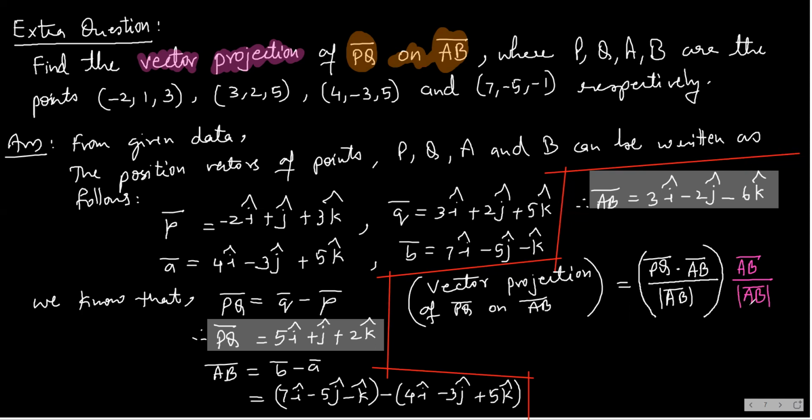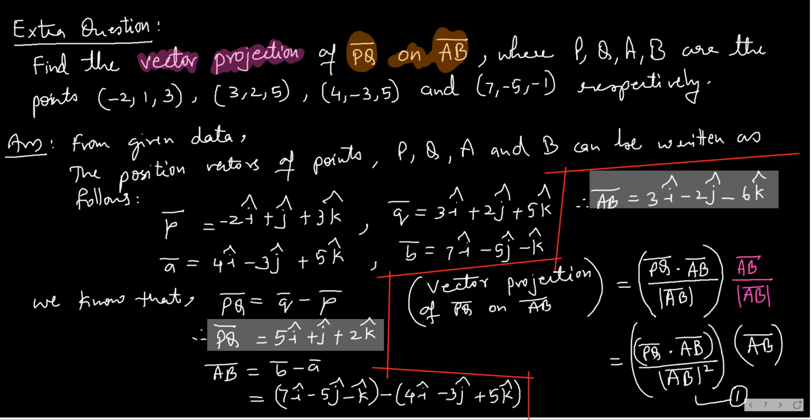So now we will have the whole thing as PQ bar dot AB bar upon mod AB bar square, this whole thing times AB bar. I write this as equation number 1. Now I calculate these and substitute in 1. That will be my final answer.